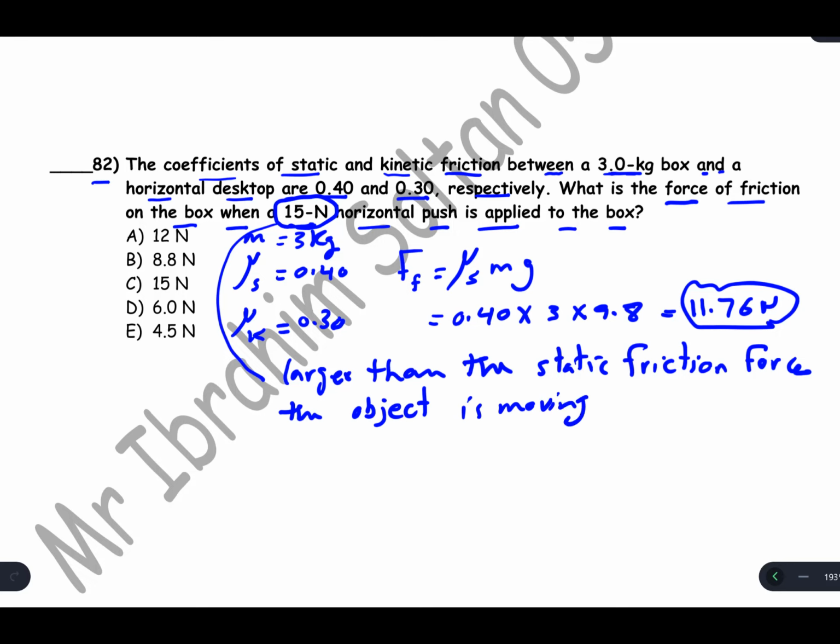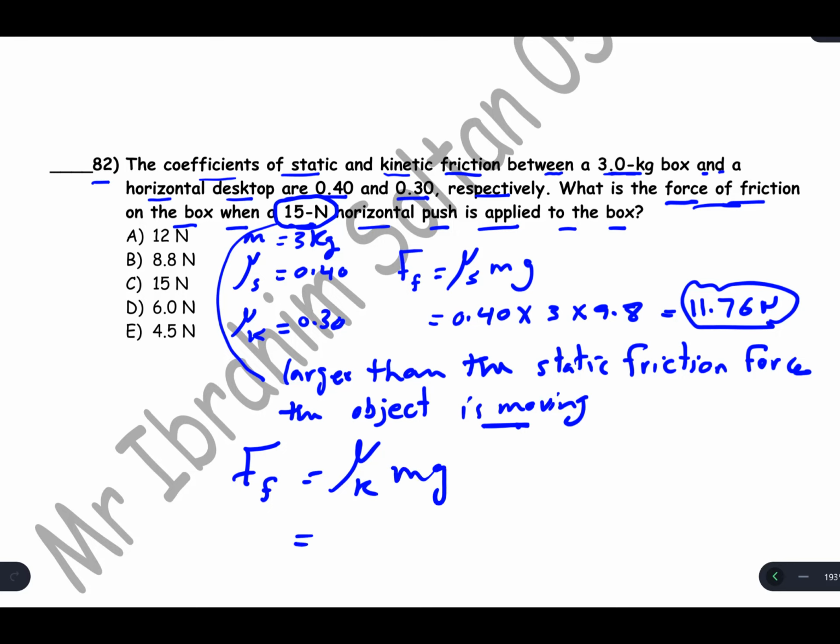Because you apply force more than the force of static friction. So the object is moving, so to calculate the force of friction, F equals mu k mg, because the object is moving.